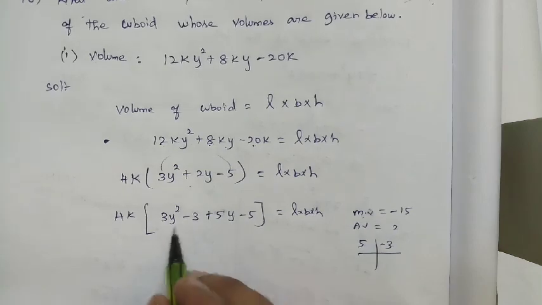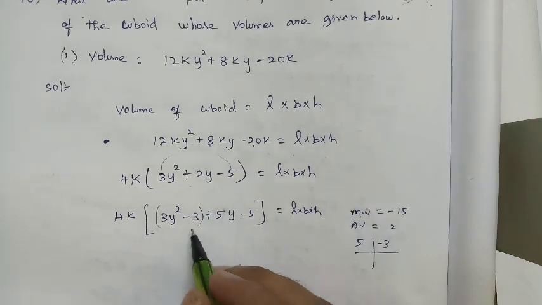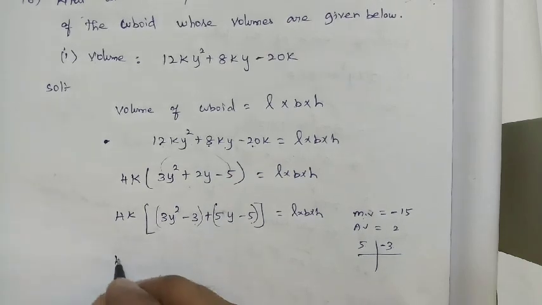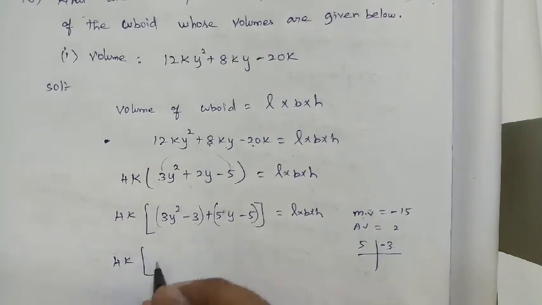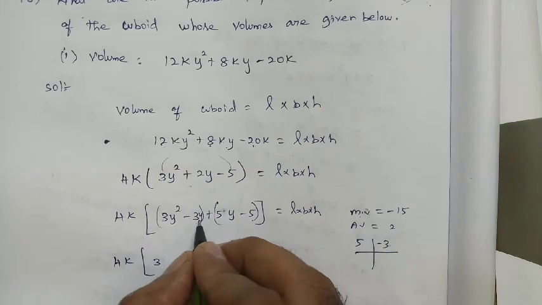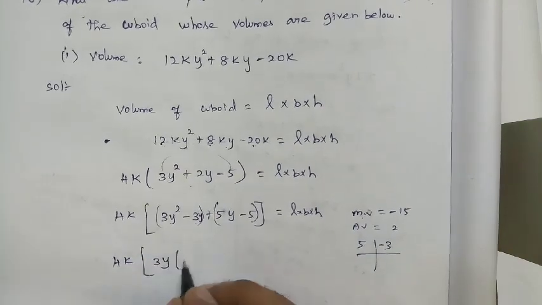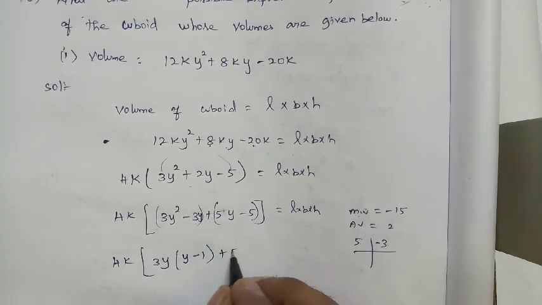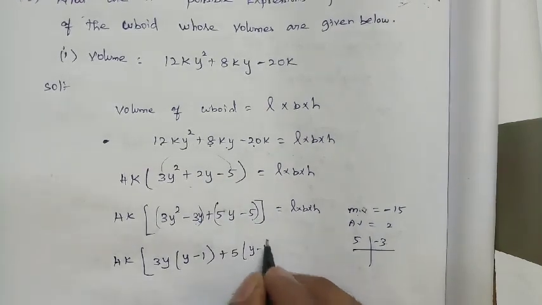So see that I'm just grouping the terms. First 2 terms and next 2 terms, and I'm going to take the common term outside. What is the common term? 3y. Just take 3y commonly outside. So what is the remaining? y − 1, right? Plus 5 is the common term, taking it outside, y − 1, right?